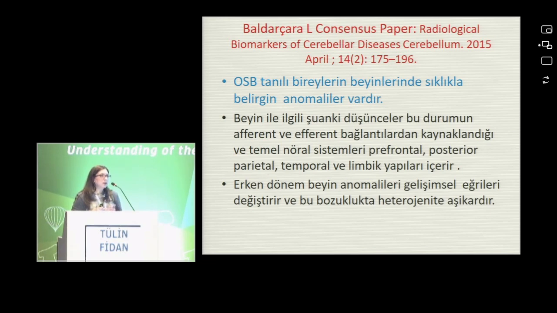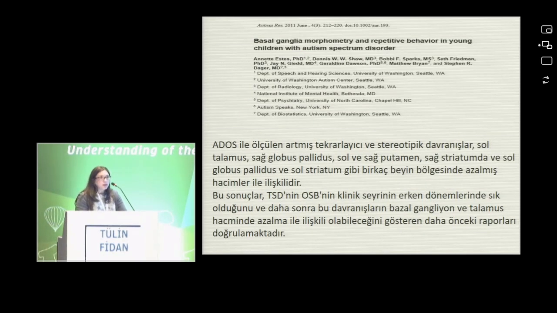But we know that in autistic children there are very significant and obvious abnormalities in the brain, but brain imaging, radiological imaging, does not provide sufficient information for the diagnosis itself. And also, repetitive behaviors are very important for the diagnosis of ASD.